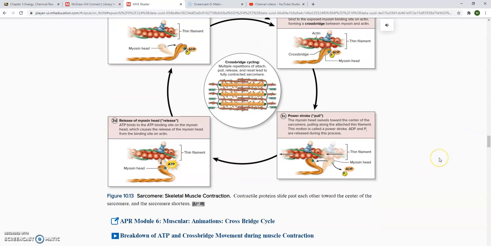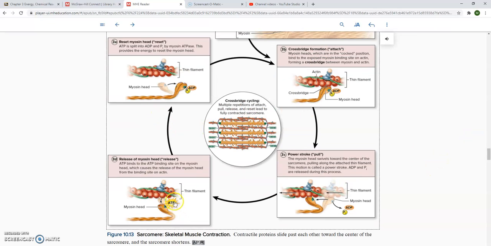When we were going over the cross-bridge cycle, remember after ATP bound to a myosin head, and then the myosin head detached, the ATP then would hydrolyze, which means the bond would be broken between two of the phosphate ions, and then we would get ADP plus inorganic phosphate. And so when that bond's broken, that gives the energy necessary to reset the myosin head, or reactivate it into that cocked position. So there's the ADP here.